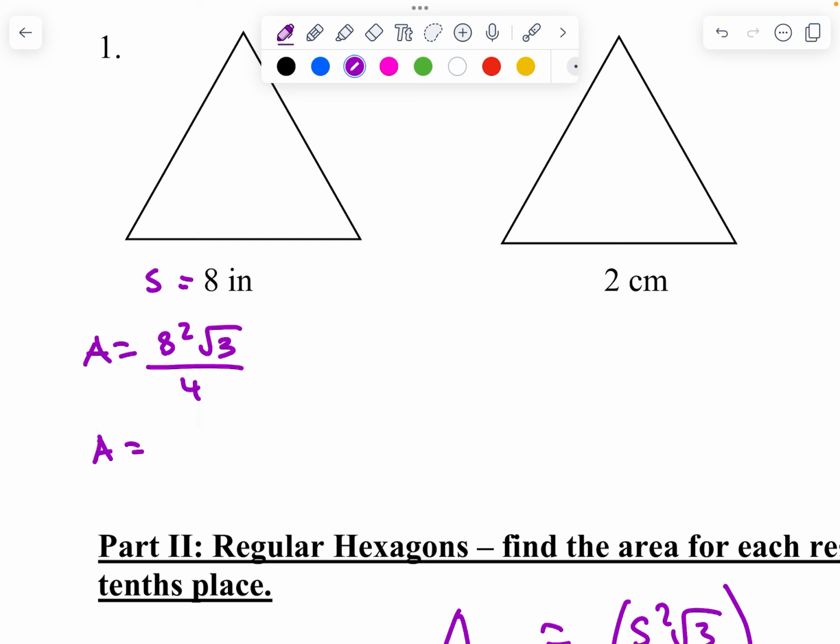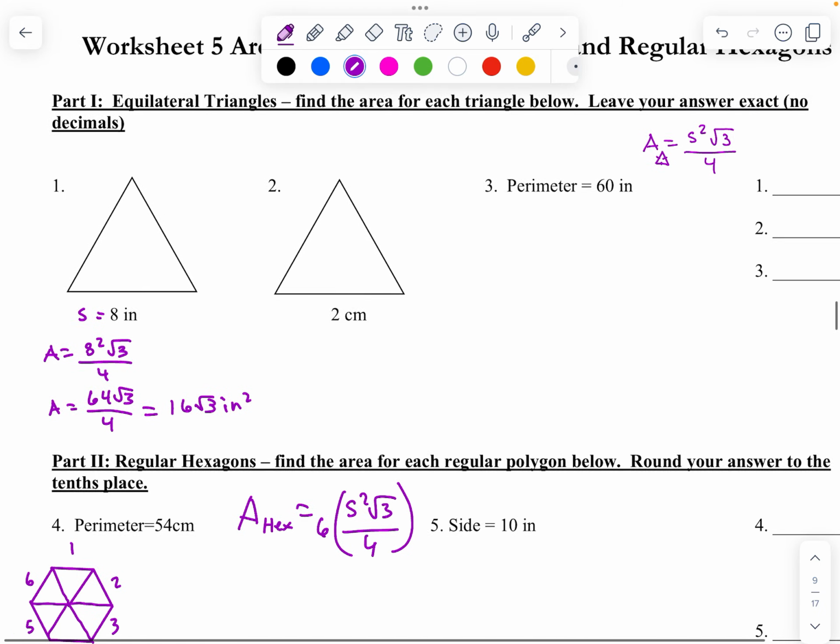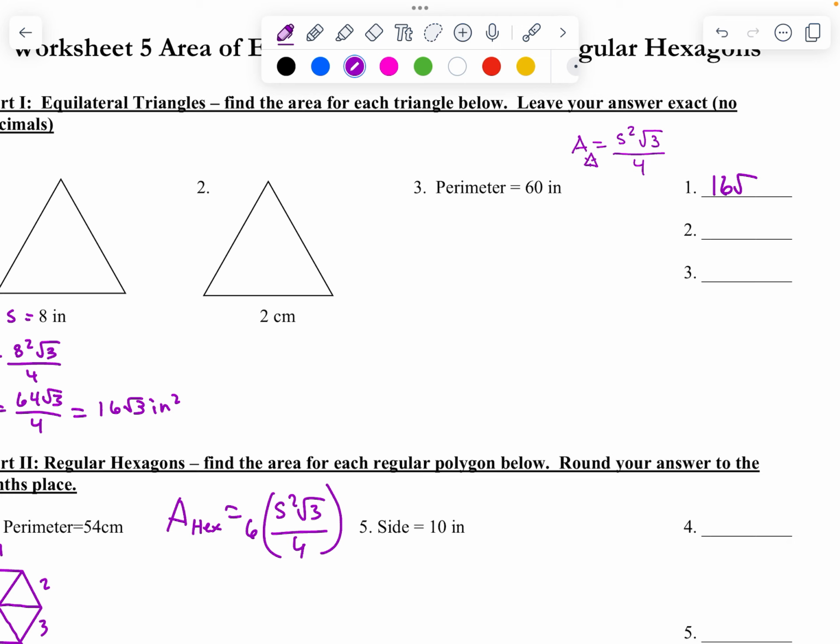So that gives me 64 root 3 over 4. 64 divided by 4 gives me 16. And remember, we can just keep that as 16 root 3. So let's leave it as perfect answers. So I'm just going to go ahead and say that this answer here is 16 root 3 inches squared. And that's it. All you got to do for that formula is just plug in the side length.